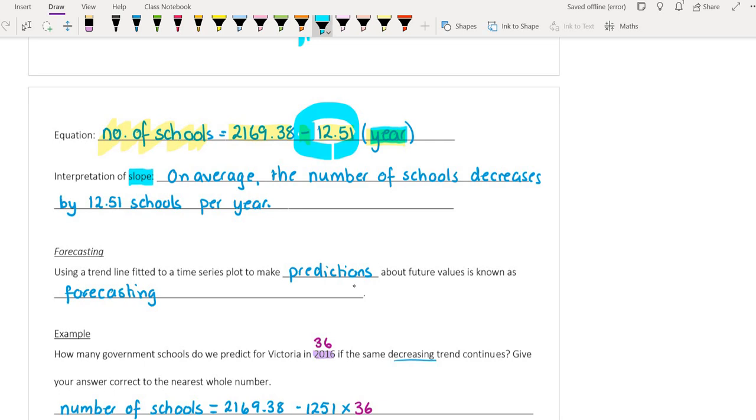So in this case it's negative, so the slope is going down, and it's going down every time your x value goes up by 1. So every time this goes up by 1, it's going to go down by this much. So putting that into context, in this case, on average, the number of schools decreases by this much for every year that goes up.